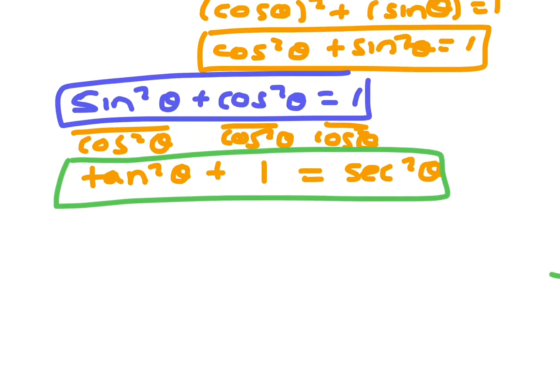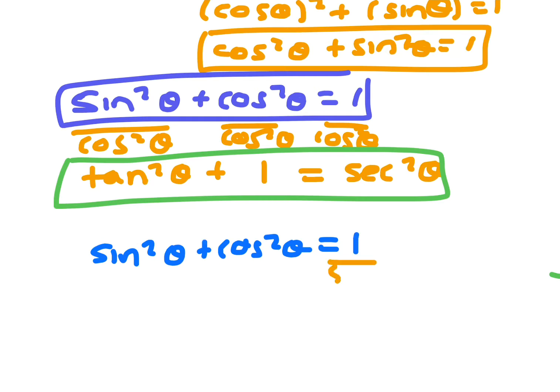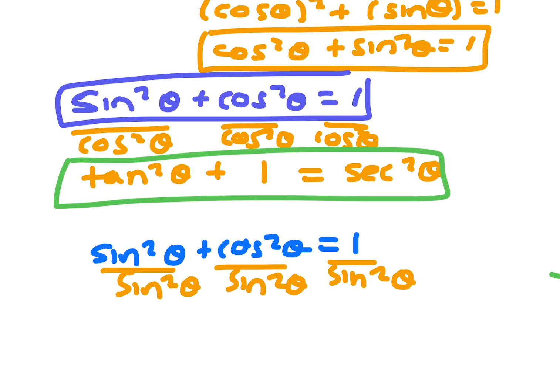And if we take the original one, sine squared theta plus cos squared theta equals 1, and we now divide that by sine squared theta, sine squared theta on sine squared theta is 1. Cos squared theta on sine squared theta is cot squared theta.